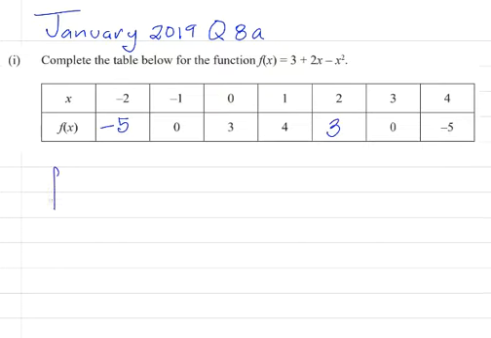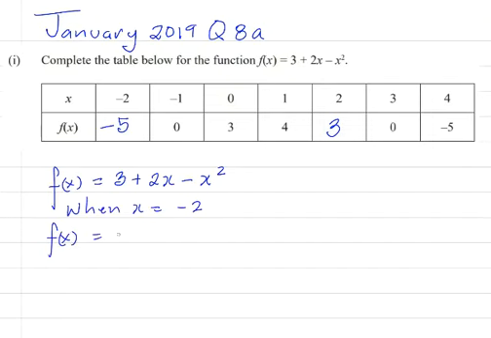So we can say f of x is equal to 3 plus 2x minus x squared. When x is equal to minus 2, f of x would be equal to 3 plus 2 times minus 2, minus minus 2 squared.